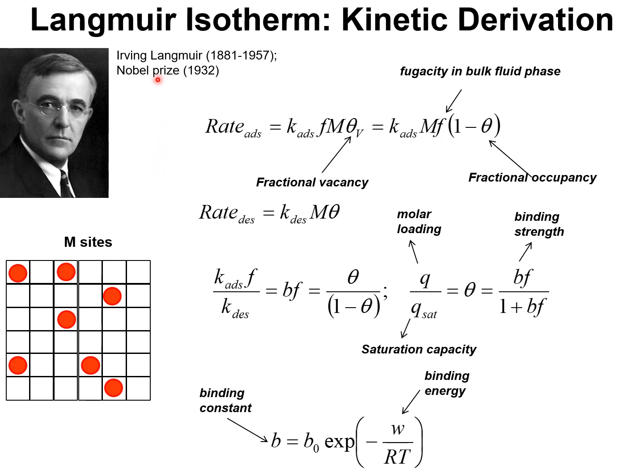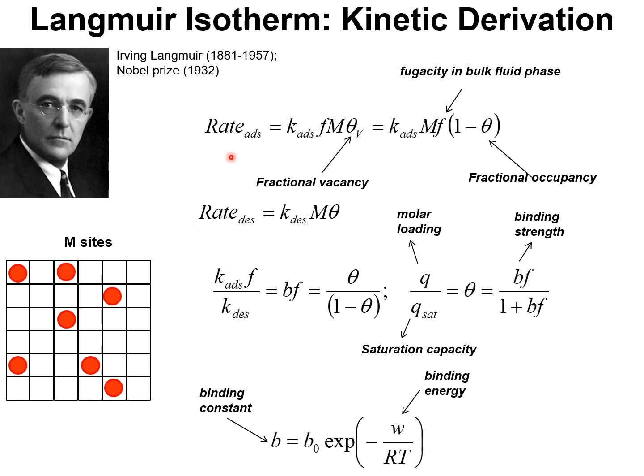Langmuir got the Nobel Prize in 1932. We consider a checkerboard consisting of m sites. Let's assume that a fraction theta of the sites is occupied by the gas molecules indicated in red, and therefore 1 minus theta is the fractional vacancy.